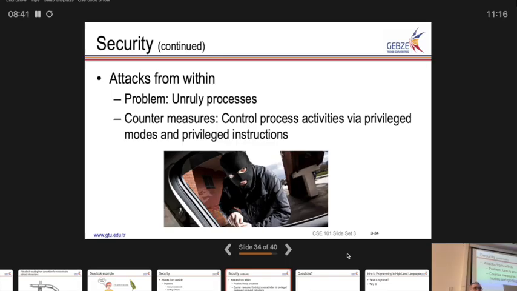Internal attacks are important. Internal attacks in operating systems are programs that try to destroy other programs, or programs that try to capture the operating system. That can be implemented in operating systems through privileged modes and privileged instructions.